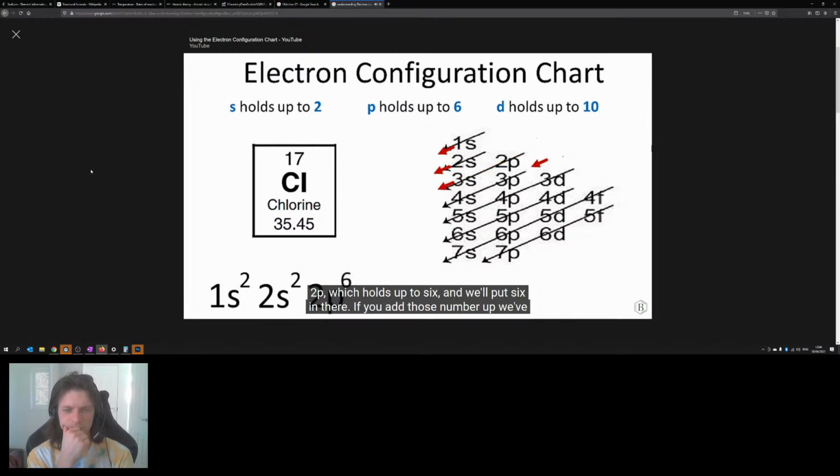And if you add those numbers up, we've used 10 electrons so far. We have 17. And after the 2p in that row, we have 3s, which holds 2. We've used 12 electrons now. And then we'll go down this row here where we have the 3p, and p holds up to 6, but since we have 12, we only need 5 more to get 17. That's the electron configuration for chlorine.